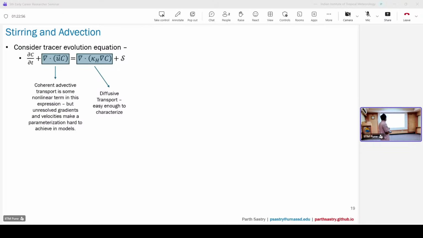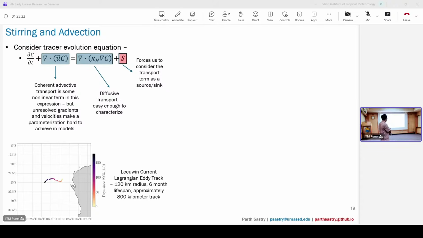This is easy to do for the mean flow, but coherent advective transport via eddies is some nonlinear part of this term, and it is really hard to resolve the gradients of velocities and tracers inside and outside eddies. So parameterizing this is really hard within this term, which means that you're essentially forced to consider your transport as a source or a sink term.